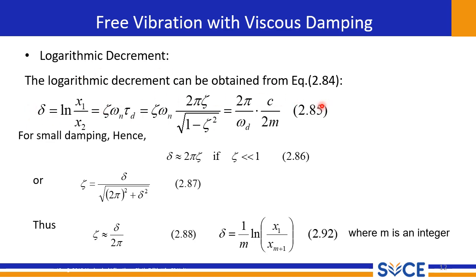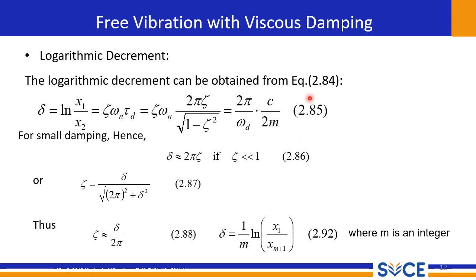Let's break it down: x1 and x2 represent the amplitude of two consecutive peaks. This equals zeta omega n times tau d, where this is called the damping period. Further expanding, we will come to this kind of expression, which may also be used to evaluate logarithmic decrement.